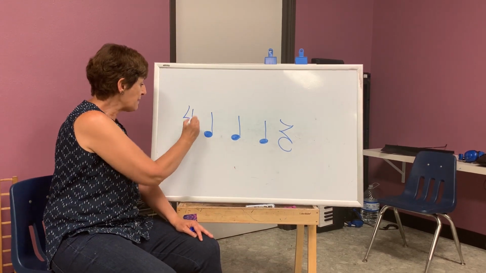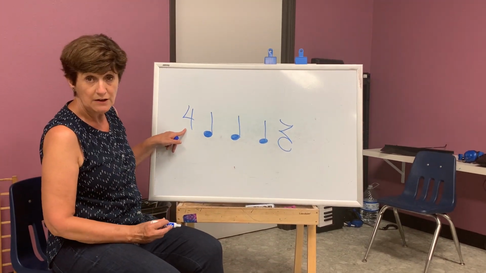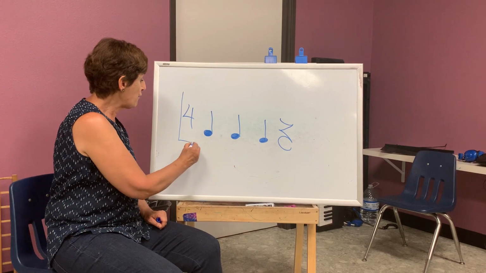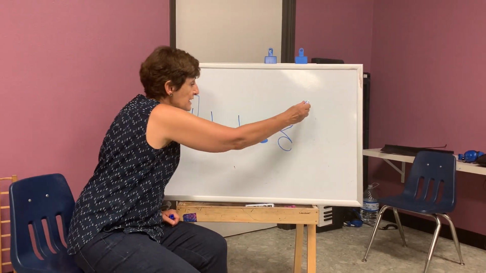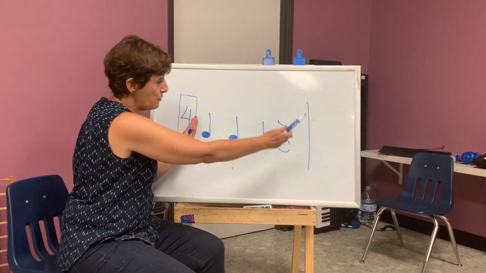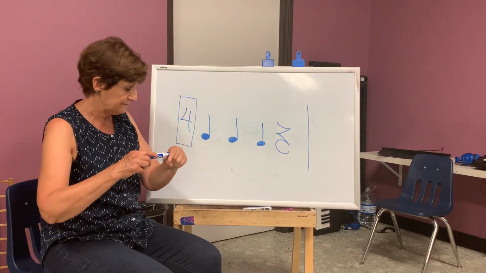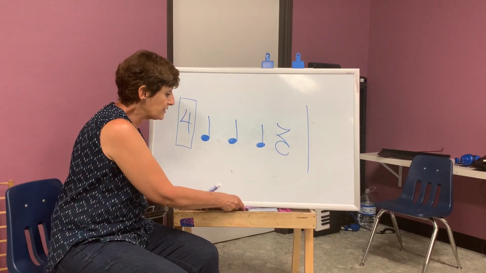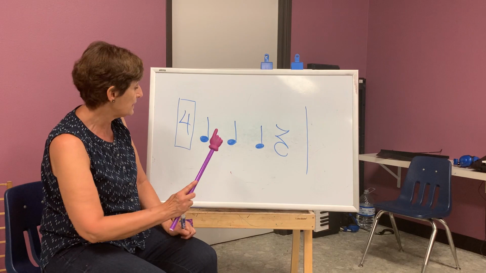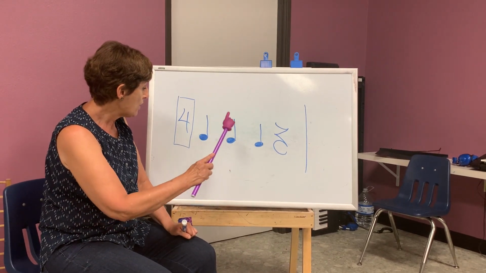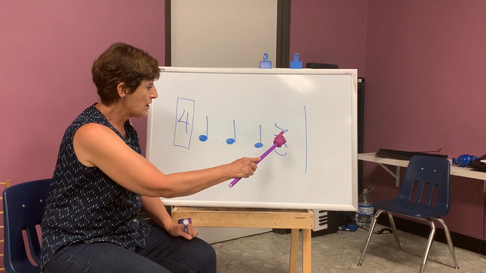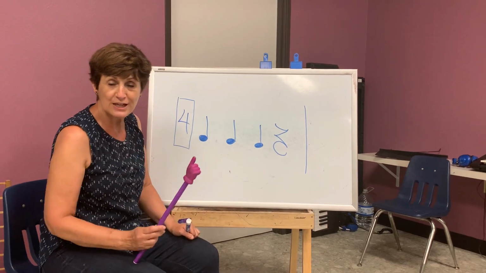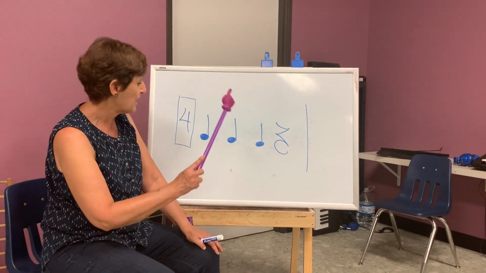So at the beginning, I put this number. What's that number? 4. If you see a 4 inside of a box, that means these are boxes that have 4 beats. And to read it, you will take something to point and you will say this. Walk, walk, walk, shh. Can you read that with me? Everybody, read it with me.